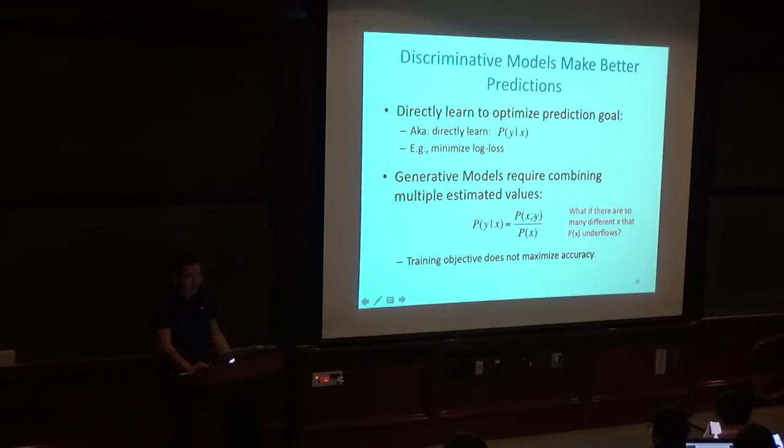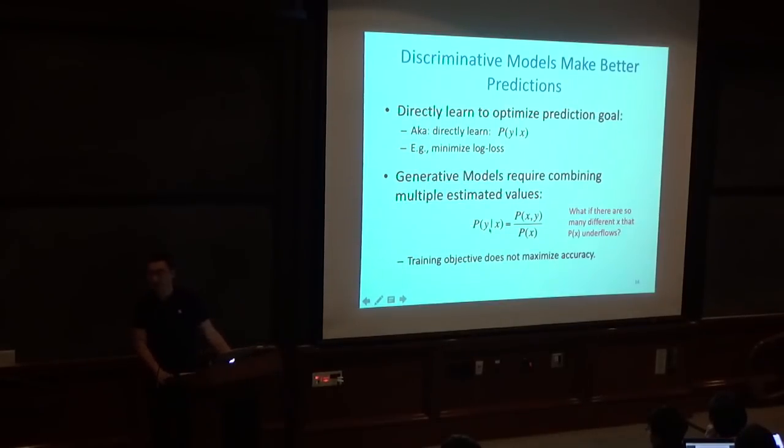And the training objective maximizes p of x comma y, not p of y given x. So if I maximize p of x comma y, it may be that p of x is misestimated by a pretty significant amount, in which case this ratio will be a very bad approximation to p of y given x, whereas if I directly estimate p of y given x, I may get a much more accurate answer if that's the only thing I care about.